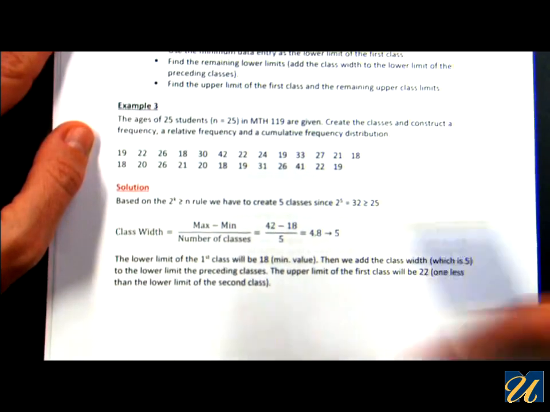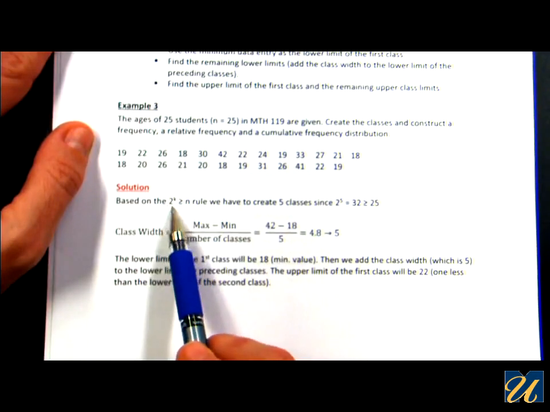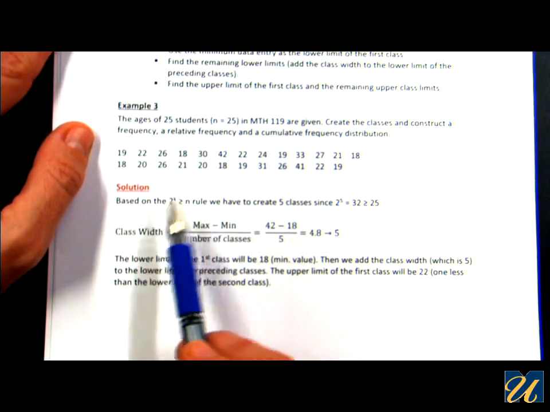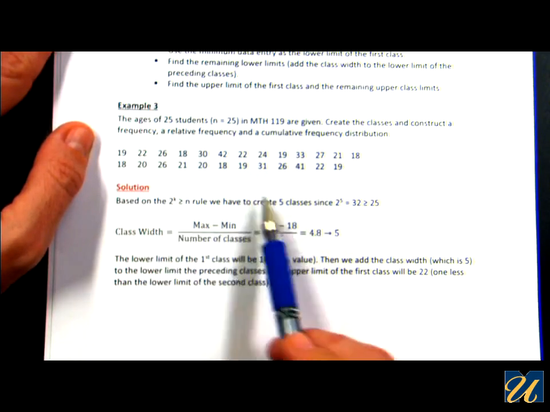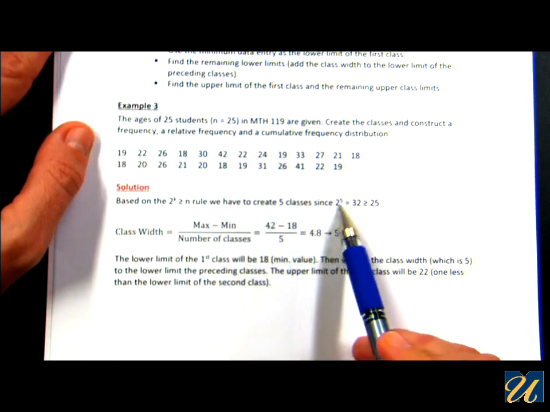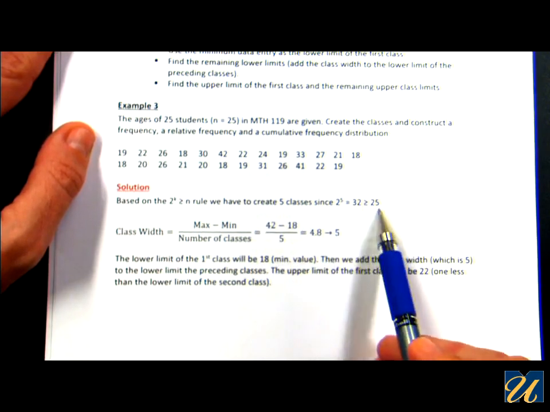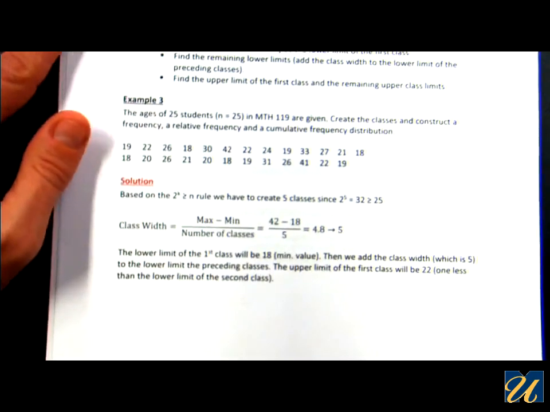Since it's not given to us, we can use this rule, 2 raised to the k power, greater or equal to the sample size. So, by trial and error, we see that if 2 is raised to the 5th, that will give us 32. 32 is greater than 25, so this is where we stop.